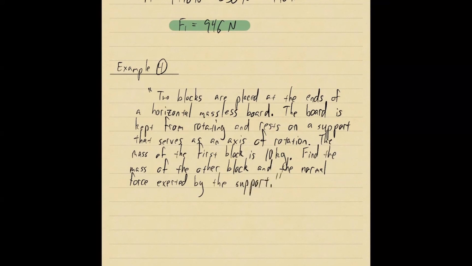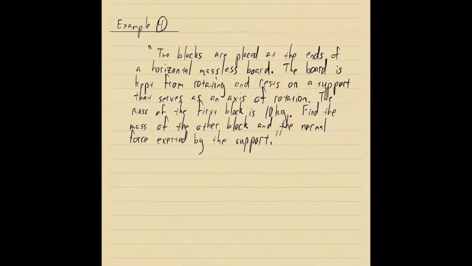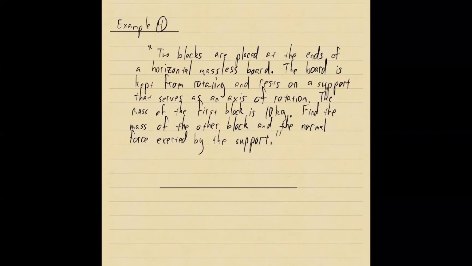All right. So the corresponding picture, this thing kind of looks like this, where we've got our wooden board, and then we've got a support right here. This kind of serves as our axis of rotation, which I guess I can draw as a little purple circle. So the axis of rotation is right there. Right, and there's 2 blocks.